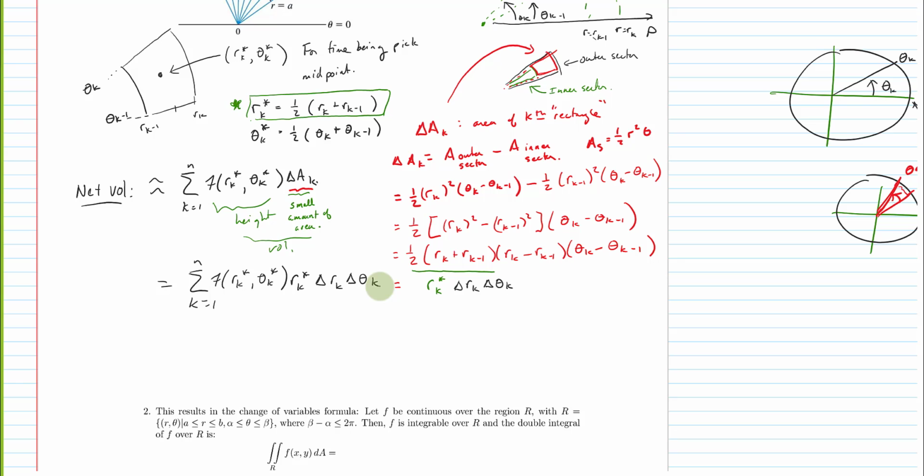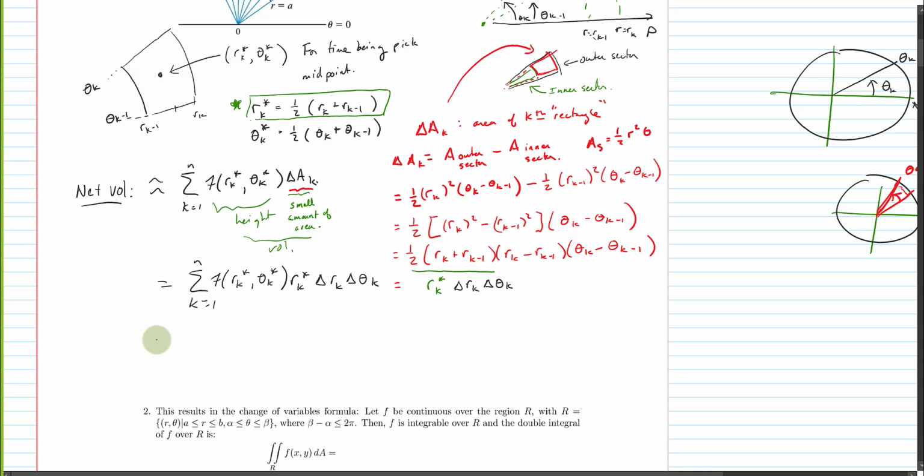Okay. And so then what we do is we're going to define the double integral over R of f of r, theta dA. We're going to define that to be the limit as delta goes to 0. I don't really want to talk about that unless you want to.